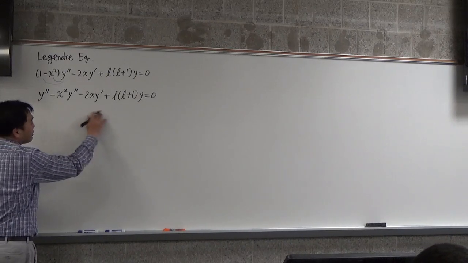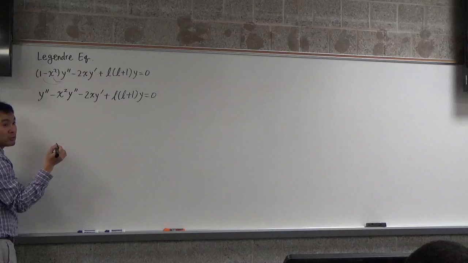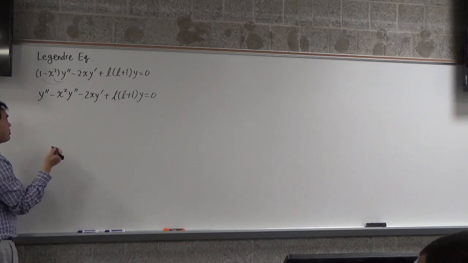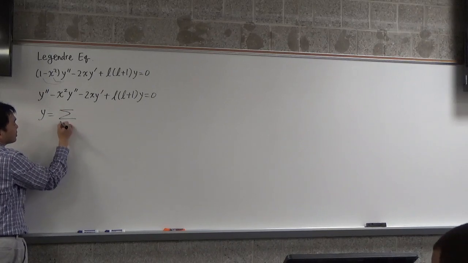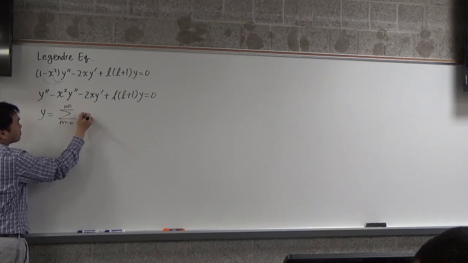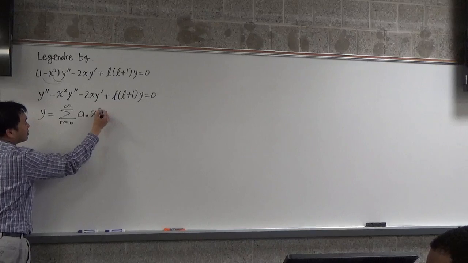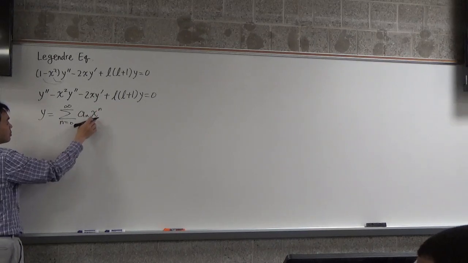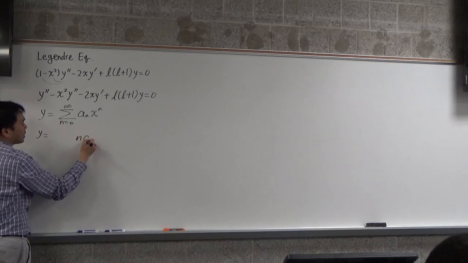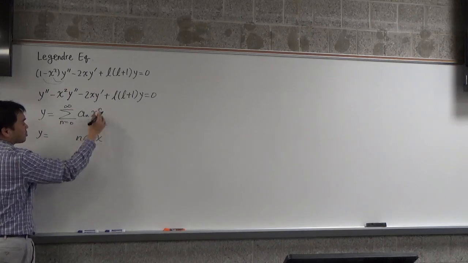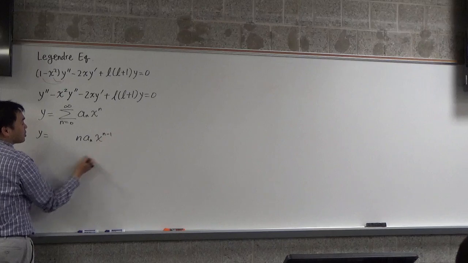If you don't have y, that's almost like a first order differential equation. Alright, so we solve it just like how we solved the other equations, by series. You set y as the sum of n going from 0 to infinity of a_n x to the n, that power series. When you differentiate this, n comes down, so you get n a_n x to the n minus 1.